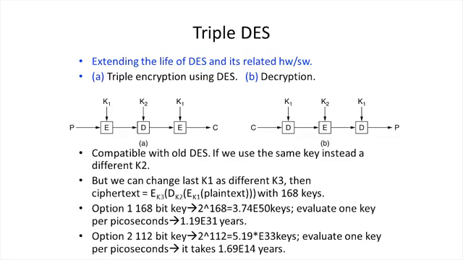It uses the same 64-bit block size and has 2 options. The first option is using 3 keys, equivalent to a 168-bit key. The second option uses K1, K2, and repeats the same K1 as the K3 key, and therefore it has a 112-bit key.